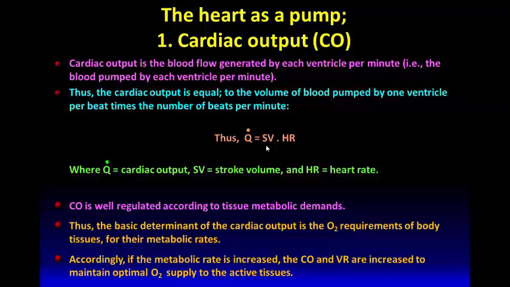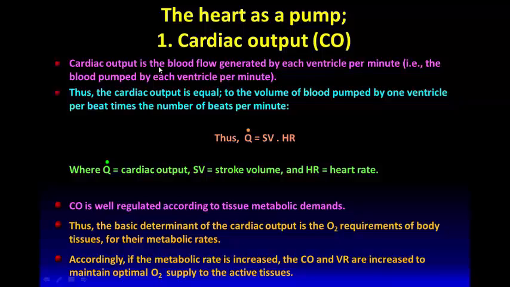The two ventricles generate outflow into the circulation. The outflow generated by each ventricle per minute is known as the cardiac output.